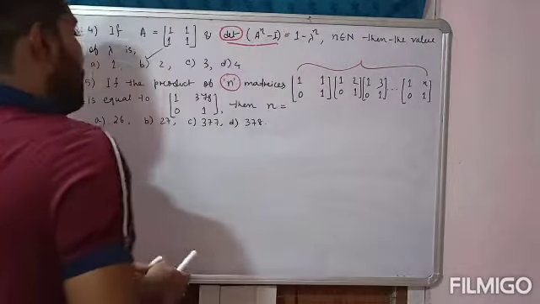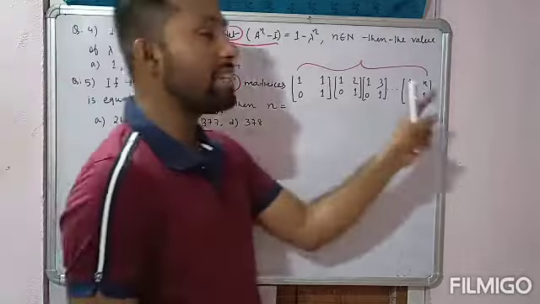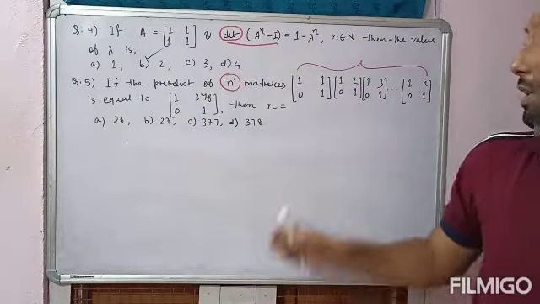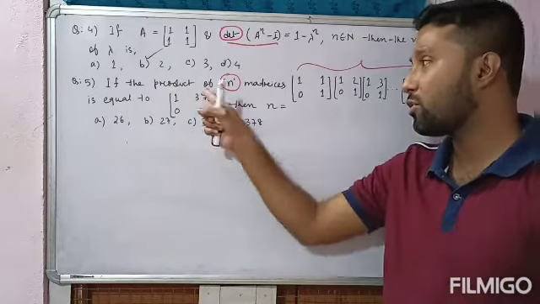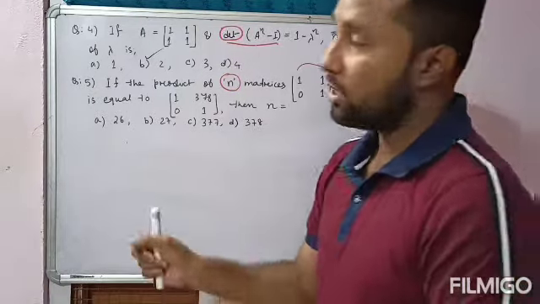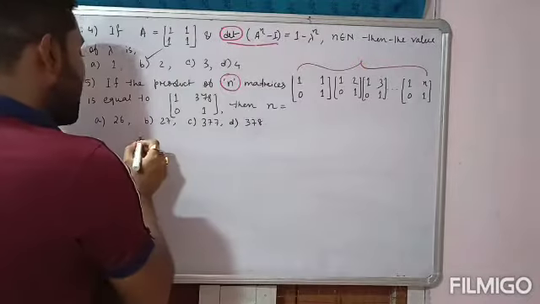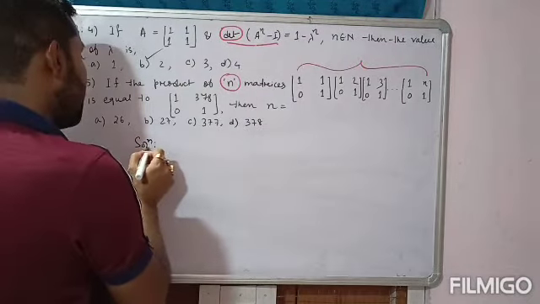Since all the matrices are given in multiplication form, there is a multiplication sign between all the matrices. So if the product of n matrices is given, that means you have to multiply all the matrices. Yes, this is solution number 5.